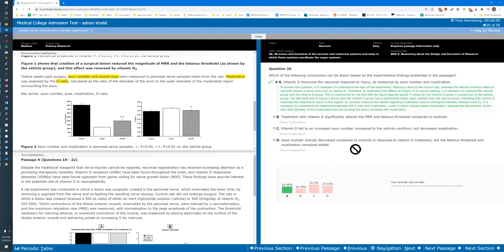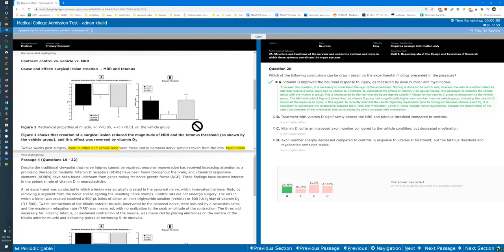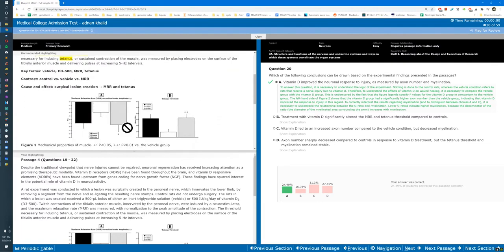Oh wait, sorry. Sharply decreased compared to controls in response to vitamin D treatment. Okay, that is true, actually. The tetanus threshold and myelination remained stable. Myelination seems to be kind of stable, but tetanus threshold, that was this over here.